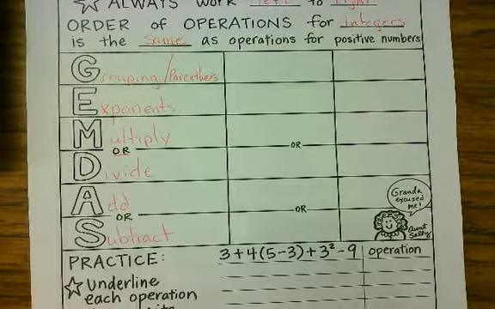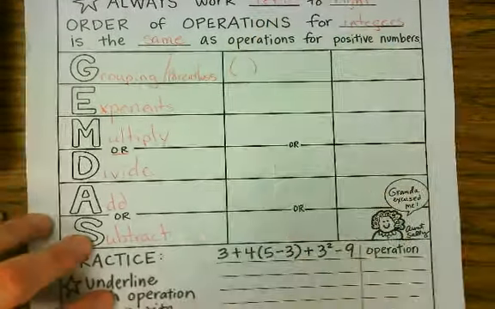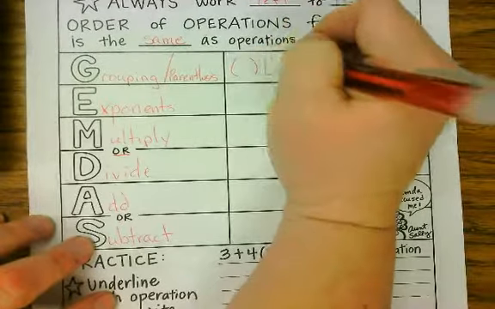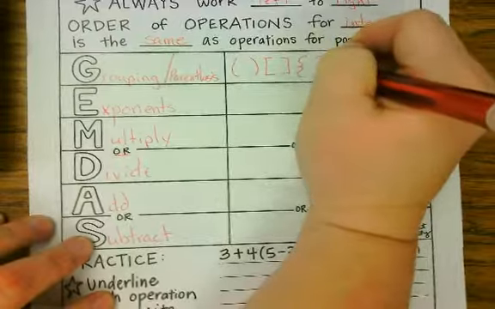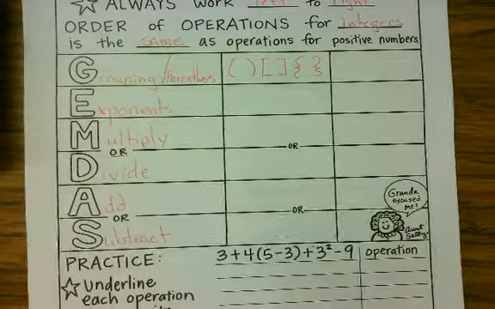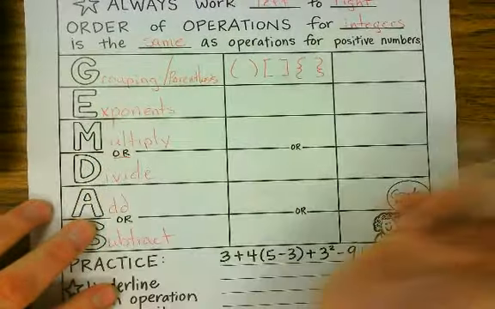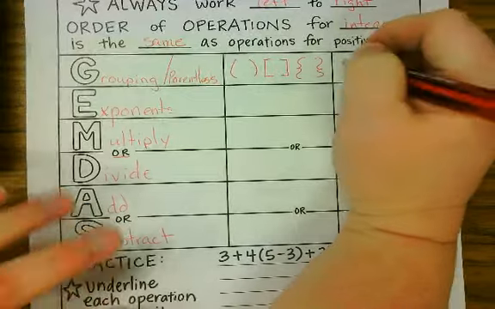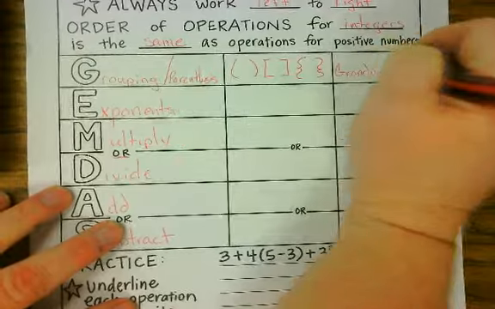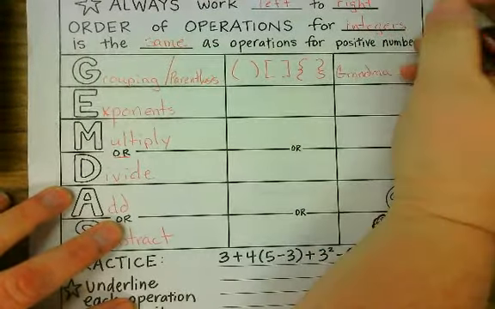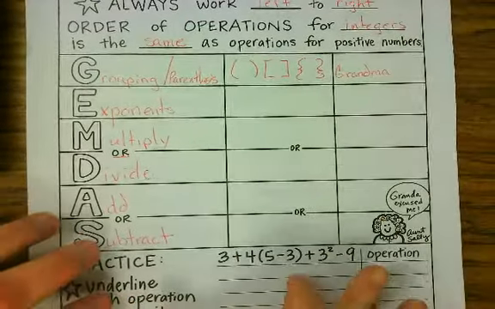What that means is we're going to group, or parentheses, anything that has symbols like that, or like these kind of brackets, or these kind of brackets. Those are all the same thing. So if you're doing grouping in GEMDAS, we're going to say Grandma. I have a different one, and I'll tell you that one in a minute.